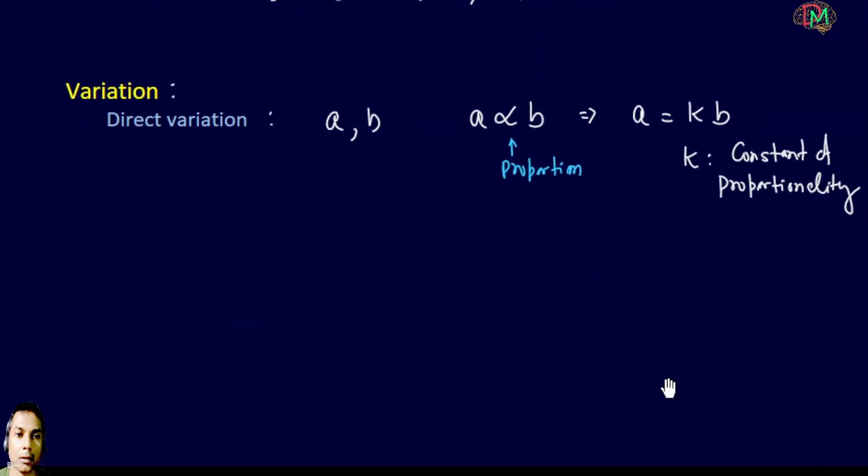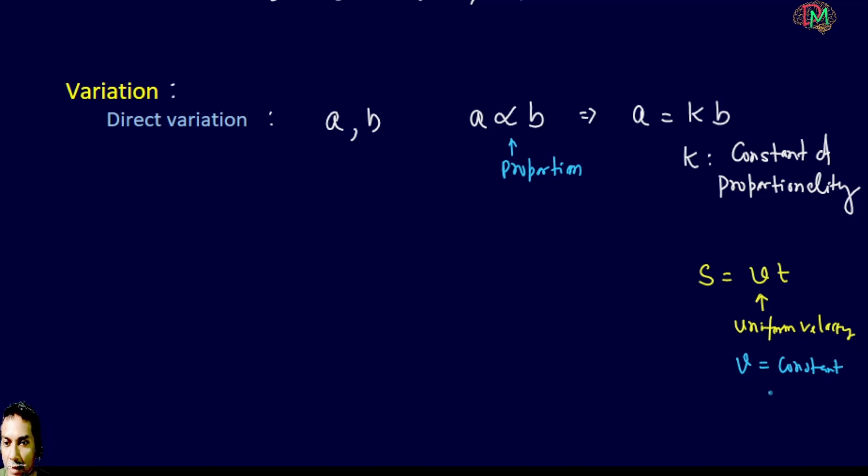In physics, we know that a car is moving with a uniform speed. So if we represent distance as s, we can write s is equal to v into t. Suppose it is uniform velocity, then we can say v is the constant. Clear? And we can say it is the k.